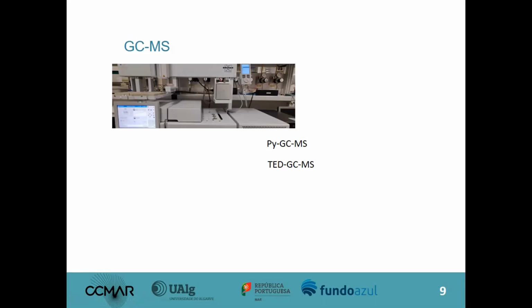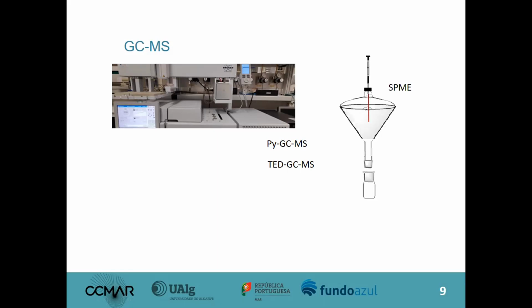Both are ways of detecting microplastics, and both GC need a special equipment connected with it that is a pyrolyzer and a device for thermal extraction desorption. So we don't have any of those specific ways of collecting volatile molecules from polymers at CCMAR.